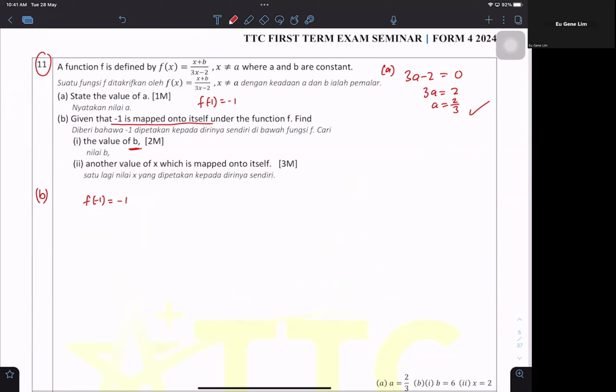Okay, continue. Like question B. -1 maps onto itself. F(-1) equal -1. This one understand? Then we start to do. So what should we do now? You should again do the basic of function, which is substitute.